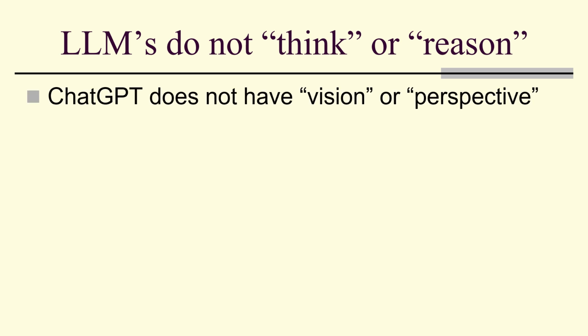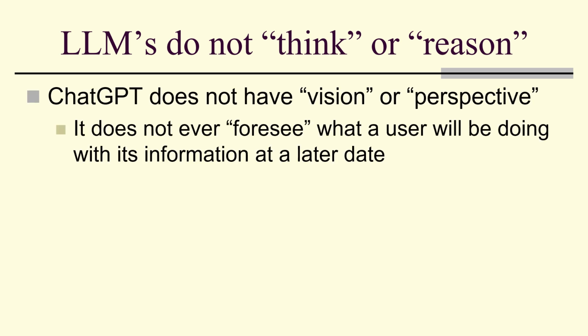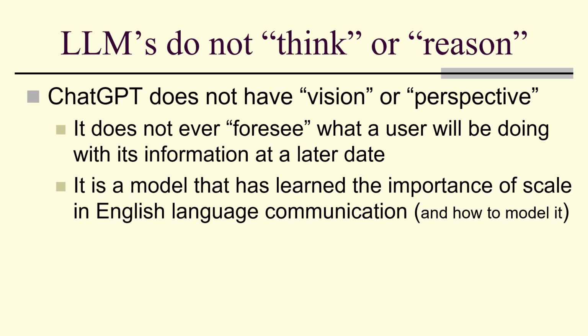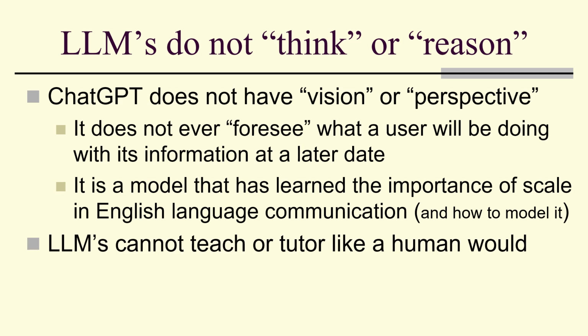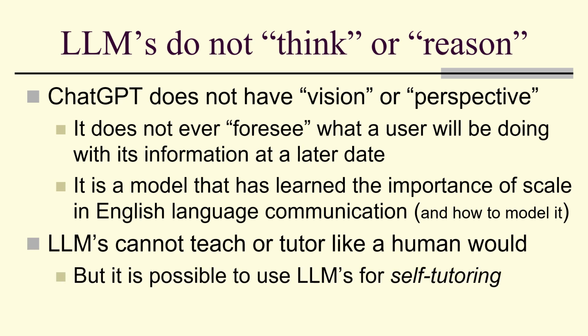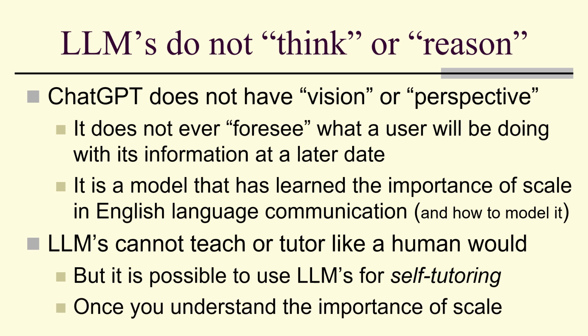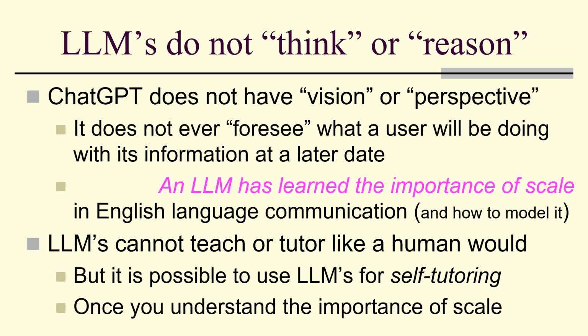ChatGPT does not have vision or perspective. It does not ever foresee anything, certainly not what a user is going to do with the information at a later date. It's a model that has learned the importance of scale in English language communication and how to model it. It cannot teach or tutor like a human would, but it is possible to use large language models for self-tutoring once you understand the importance of scale.